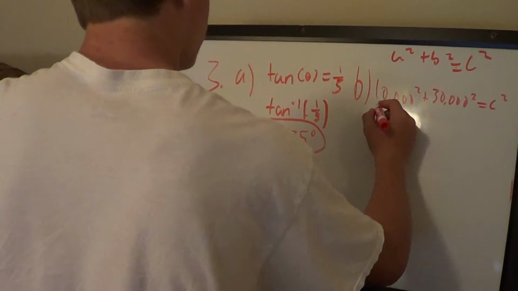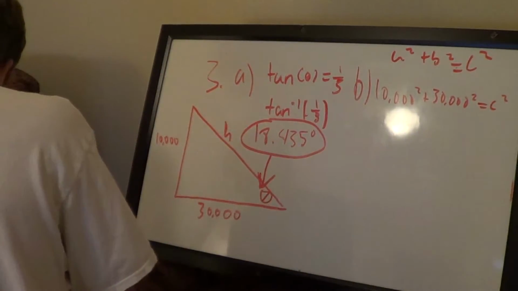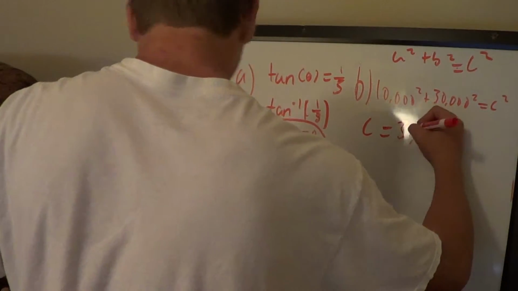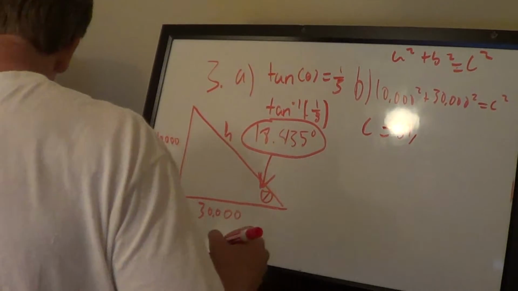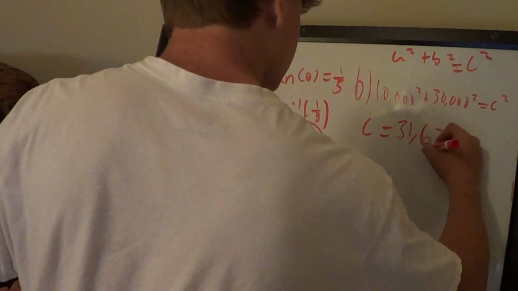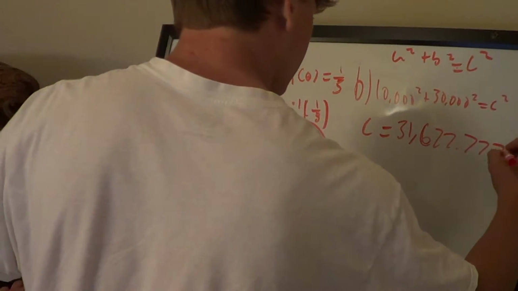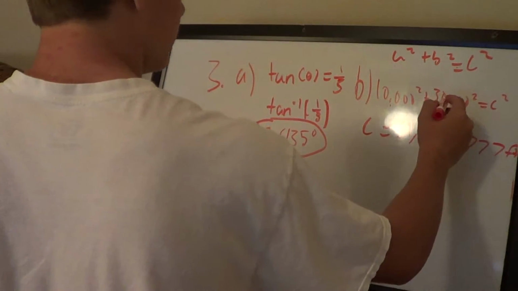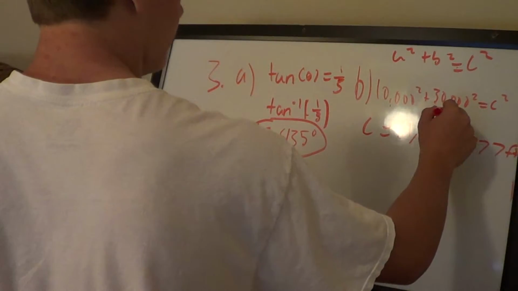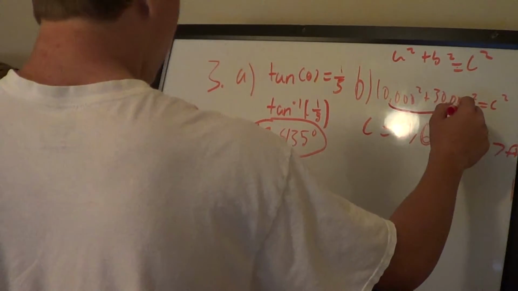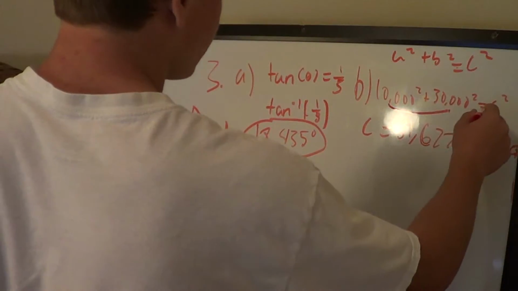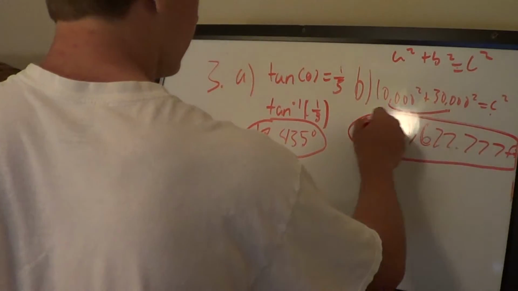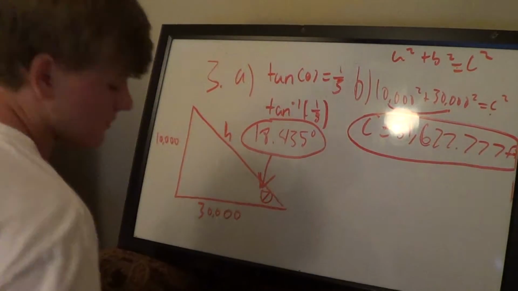And that comes out to equal c equals 31,622.777 feet. Essentially, we just took that squared plus this squared, and then whatever that number was, we took the square root of that to equal c. So there's the answer to B, and there's the answer to A.